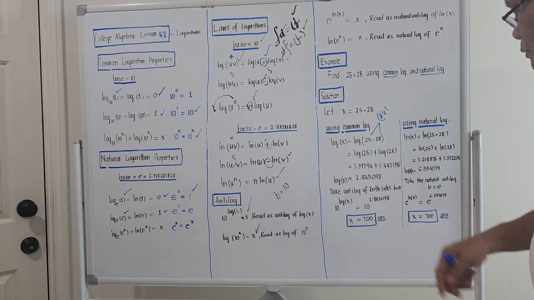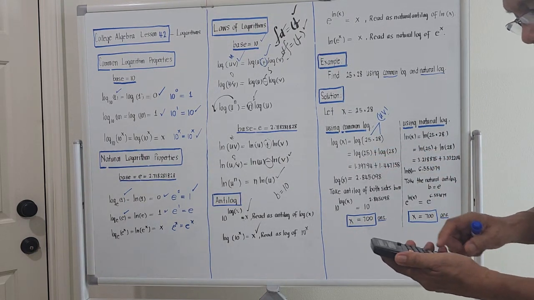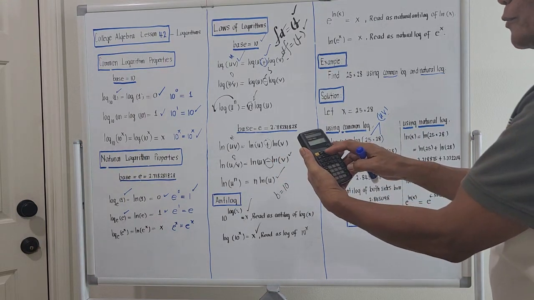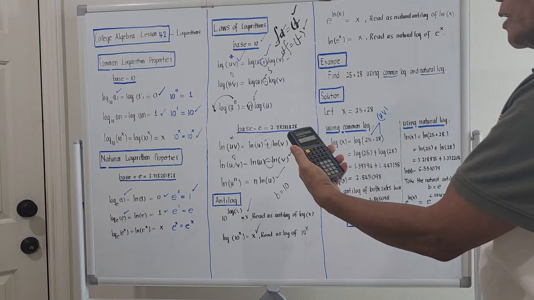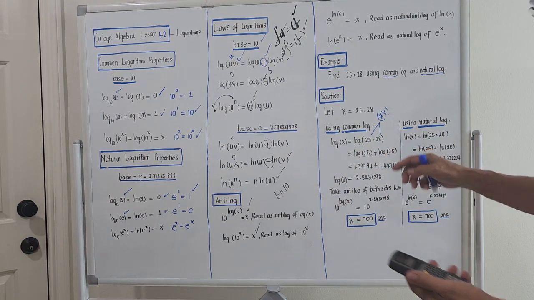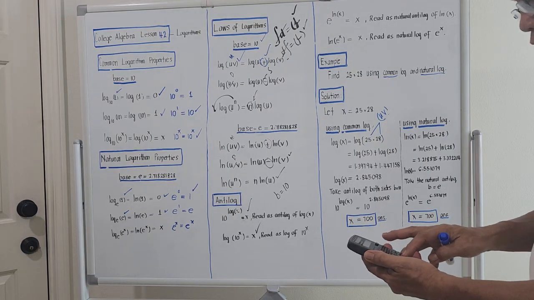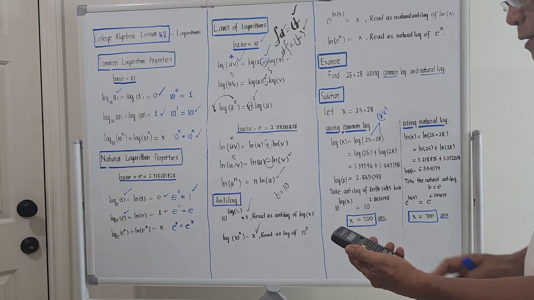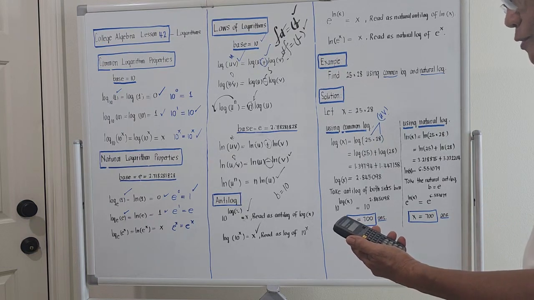The common logarithm of 25 is an easy thing, just display 25 here. Okay, common log, the LOG over here, first function. So 1.397940. And 28, you just display 28. Okay, first function, LOG, logarithm. 1.447158.